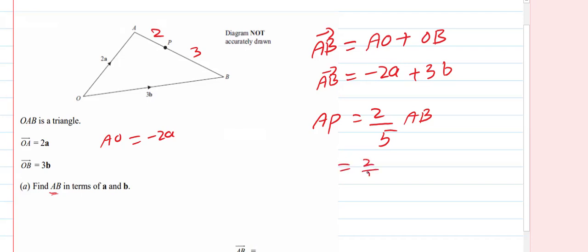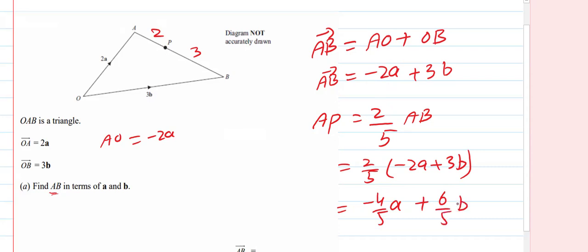So it will be 2 over 5 into minus 2A plus 3B. Now this 2 over 5 you multiply with both of them: 2 into 2, minus 4 over 5A, and plus 2 into 3, 6 over 5B. So I have found AP.